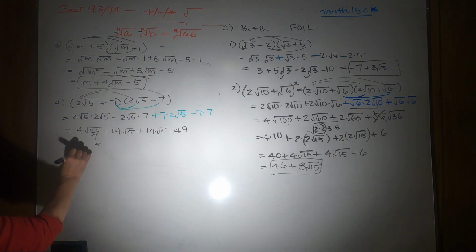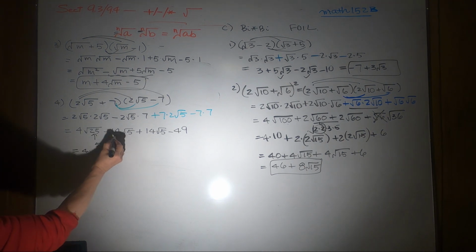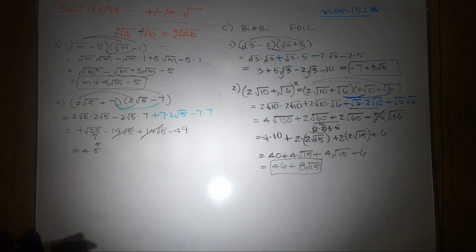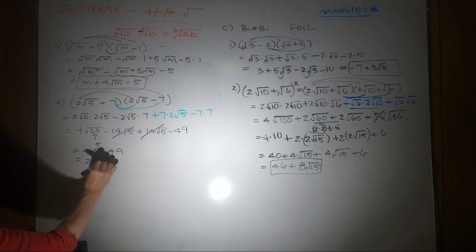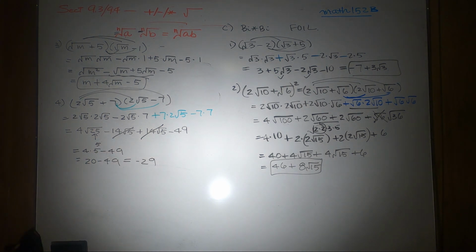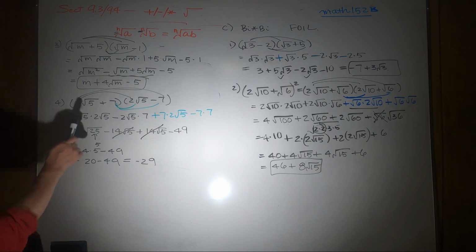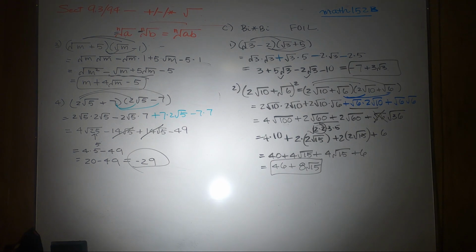That's 5, so 4 times 5. Here, it's both square root of 5, but positive and negative, so it cancels out. Then minus 49. Then 20 minus 49 is negative 29. What happened to the radicals? When you multiply and distribute, the radicals are gone because one is plus and one is minus. You end up with just a number.